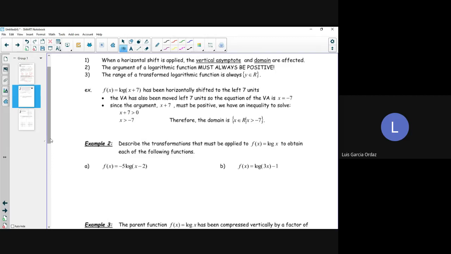But my calculator does not have that button. So check your guys' calculator if you have the log x button on your calculator.